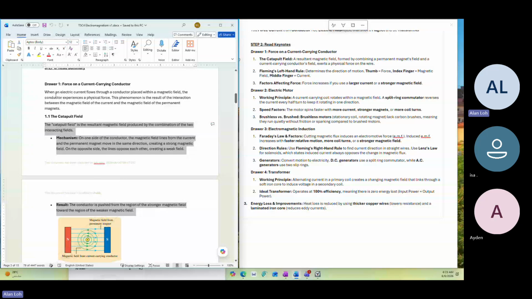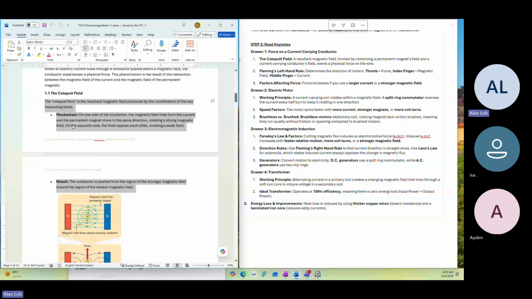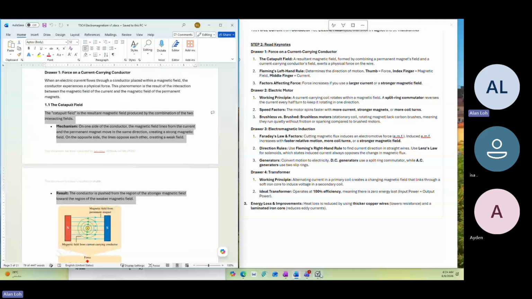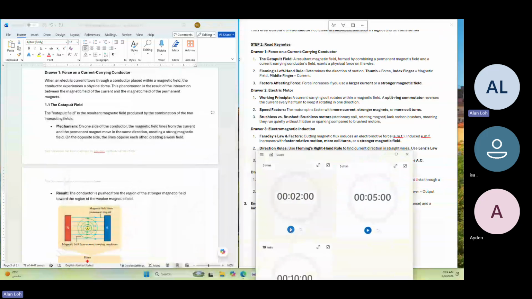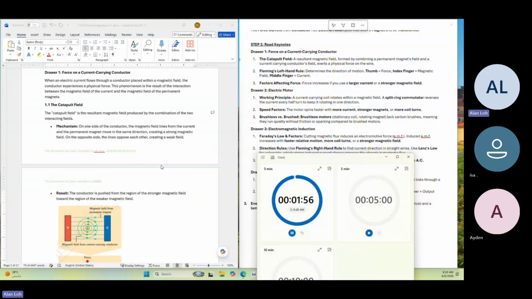So let's start from drawer 1 until here, for 2 minutes. I'm going to scroll down as we go. All right, let's start now.